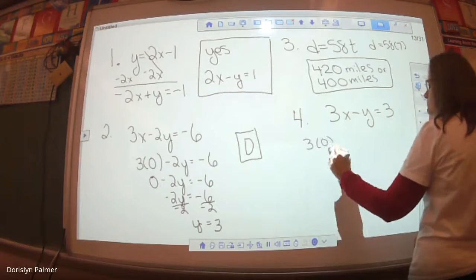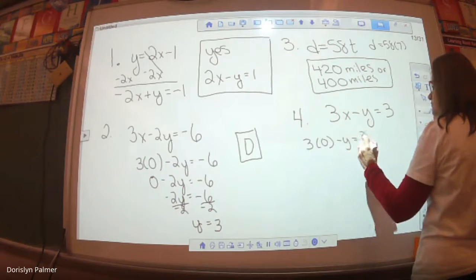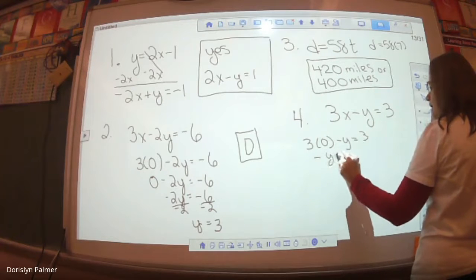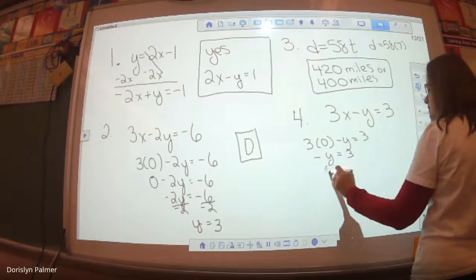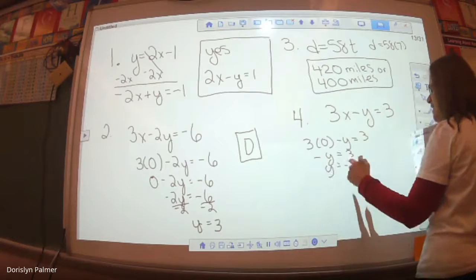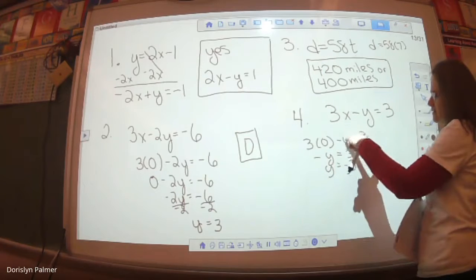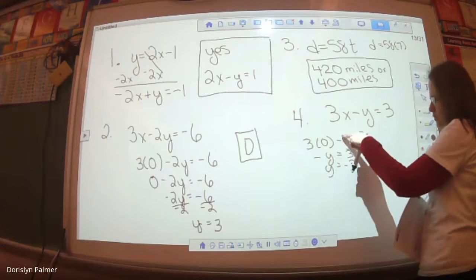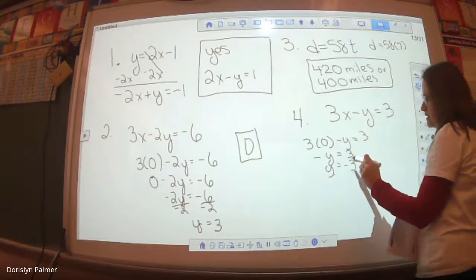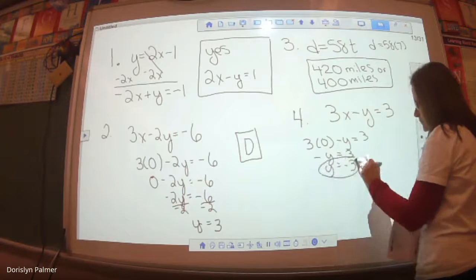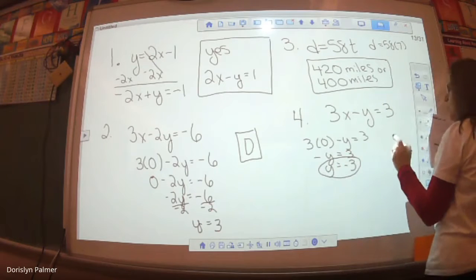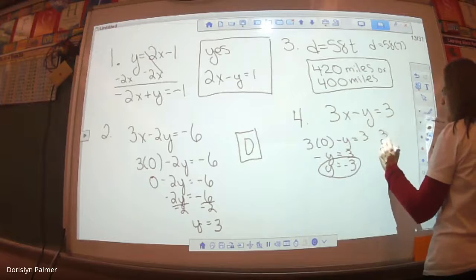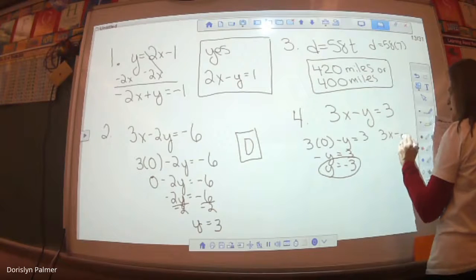So when x is 0, y equals -3. A lot of you got y equals 3, but that would say -3 equals 3 if you put just a 3 in here. All right, so y is -3. And then, well, what about when y is 0? What would x be?